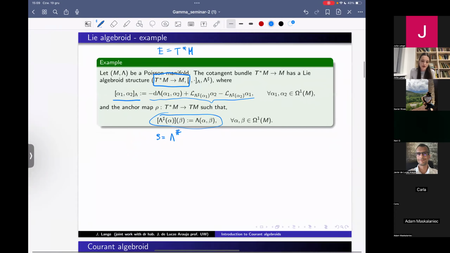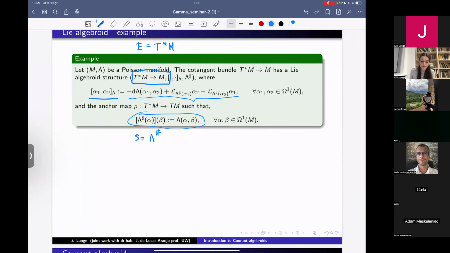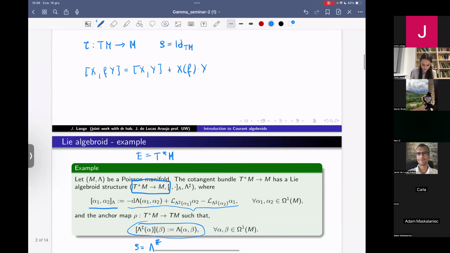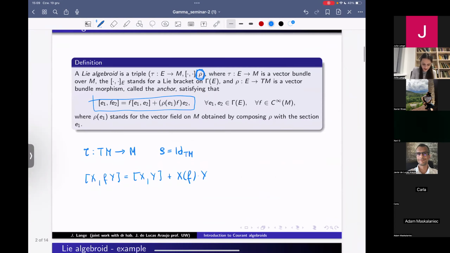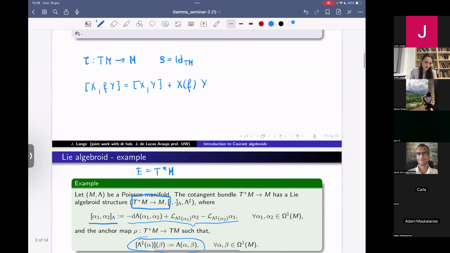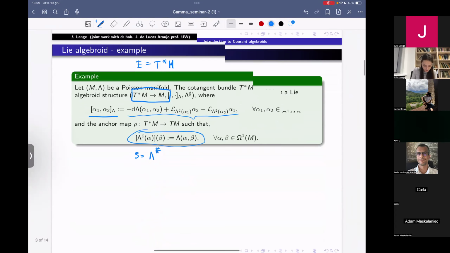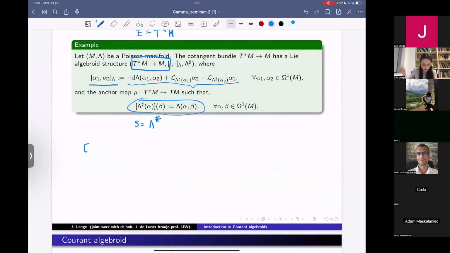In this case, you can verify that this condition for a Lie algebroid is satisfied. Let me rewrite this to prove it. Whenever we have two one-forms and we use the formula for our Lie bracket, we write it like that.